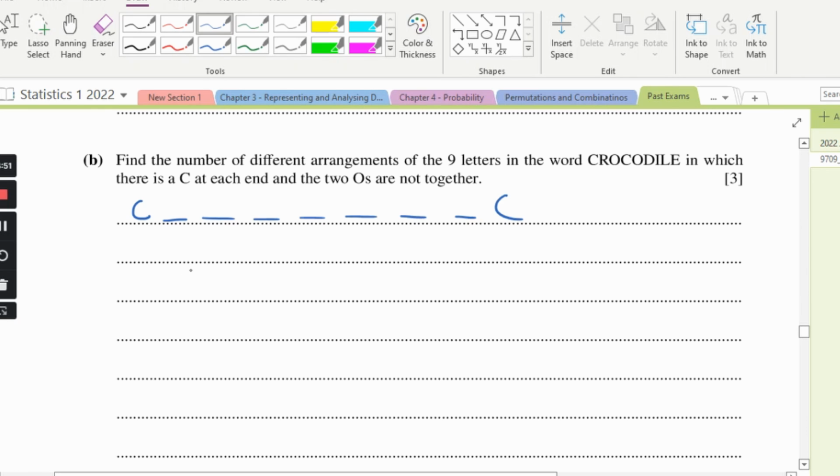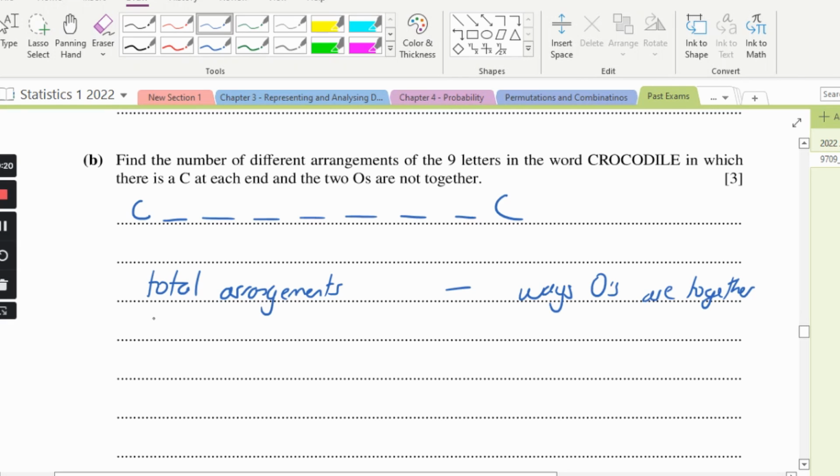So we want to find the ways that the 2 O's are not together. So what we're going to do is find the total ways, then the ways that the O's are together, and subtract the ways the O's are together from the total ways. So that's our strategy for these. Total arrangements, subtract ways O's are together.